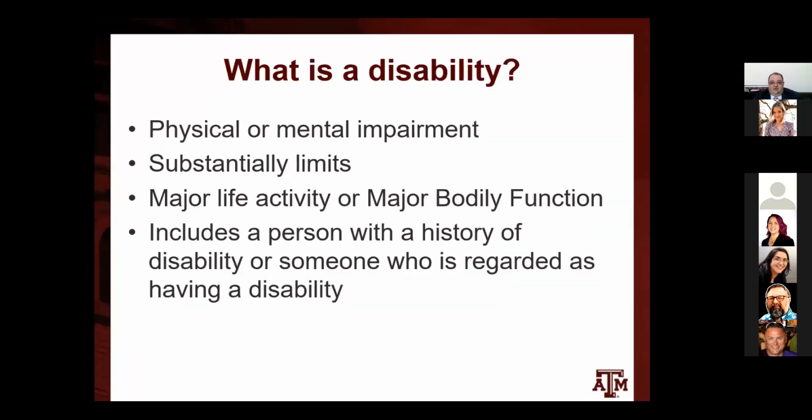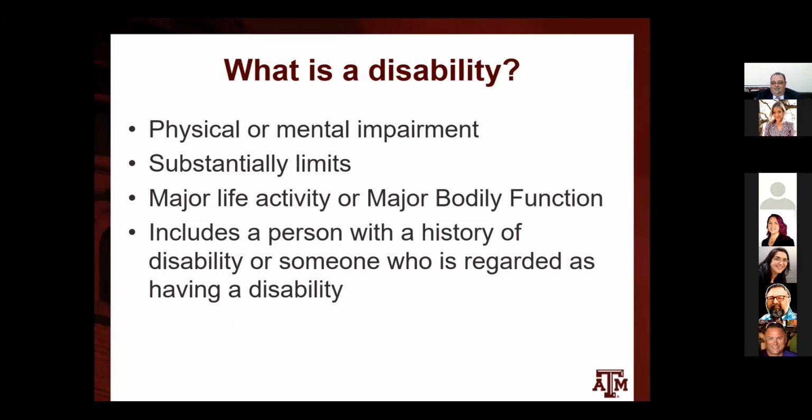What is a disability? Disability is a physical or mental impairment that substantially limits a major life activity or a major bodily function. Included within there is a history of disability or someone who is regarded as having a disability.